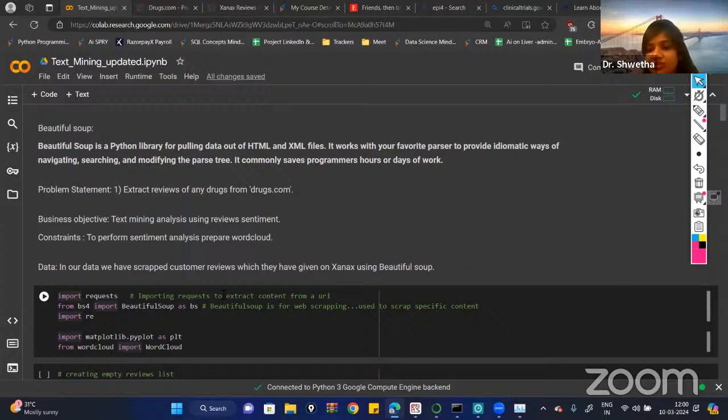Now, in this use case, we are applying text mining on data. But for that, we need to get the data. Getting the data from websites, we can do by web scraping methods. The problem statement we are trying to solve here is to see the reviews of drugs.